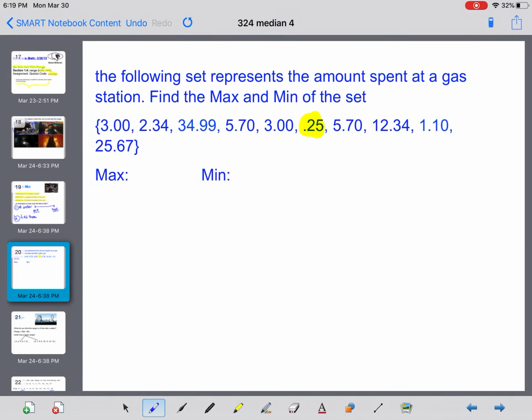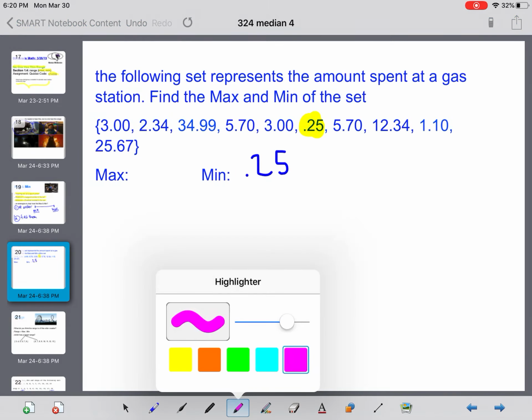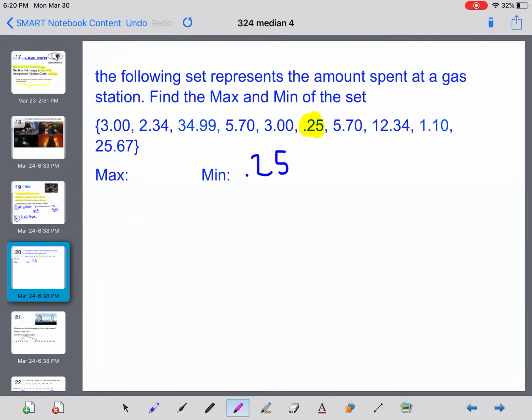I look, nothing smaller than 25 cents. So the minimum is going to have to be 25 cents.